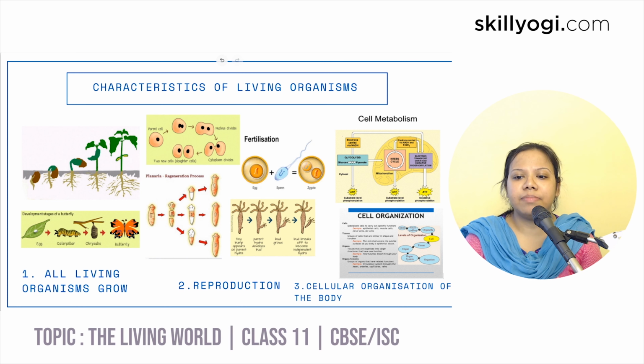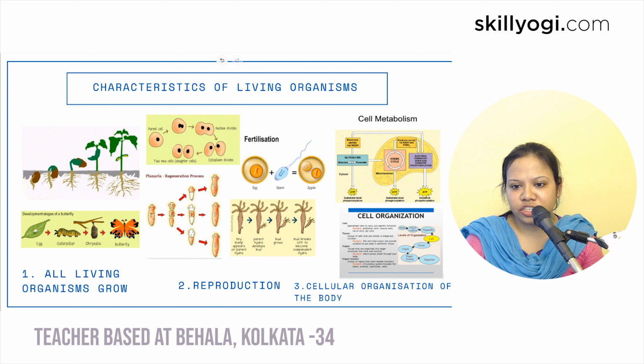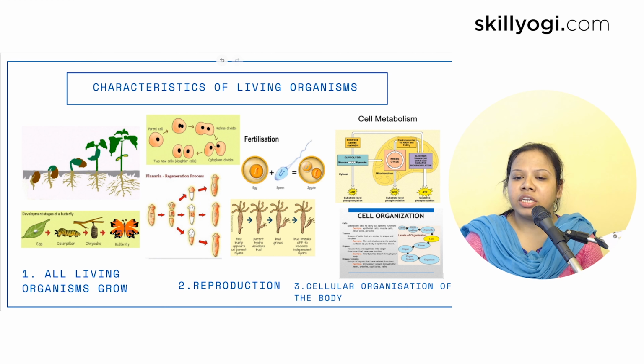These are the different types of reproduction. The first is the regeneration process. What is regeneration? If we cut a small piece from a species, it can grow and produce a new organism.